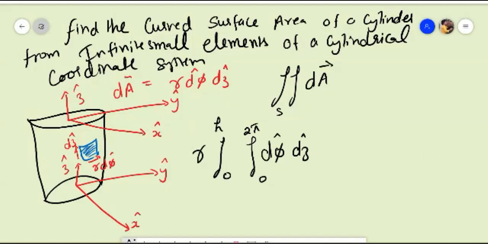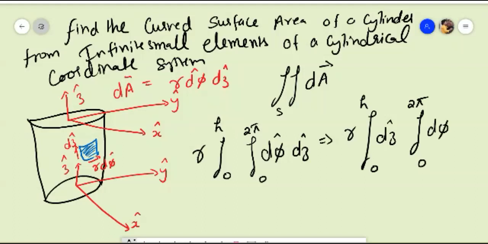Okay, so let us break our integrals. So we will have our r integral 0 to h of dz cap, and then we have the integral 0 to 2 pi of d phi cap.